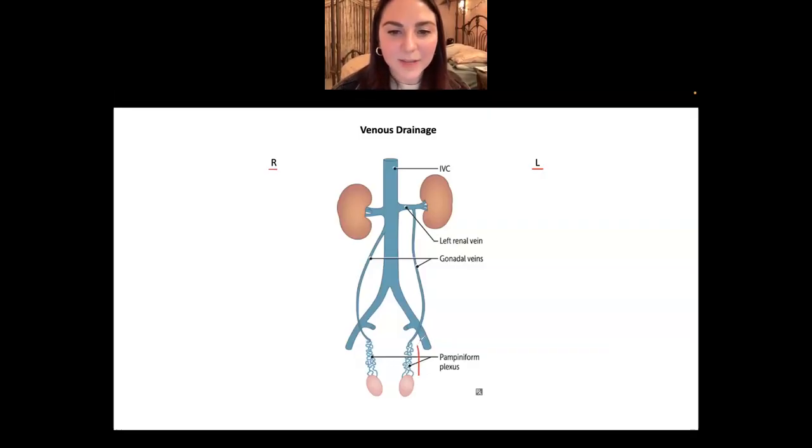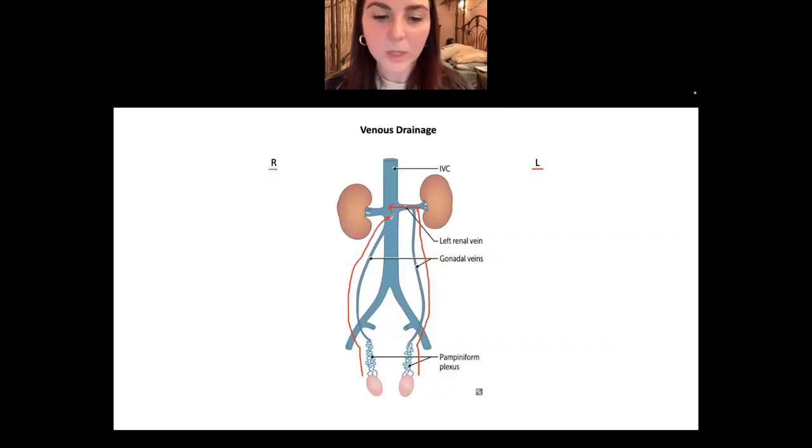All right. So we have venous drainage that's going up. On the left side, it's going to go up the gonadal vein, and then it connects with the left renal vein. Then from the left renal vein, it drains into the inferior vena cava. On the right side, we have testicle, pampiniform plexus, and then the right gonadal vein goes directly into the inferior vena cava.